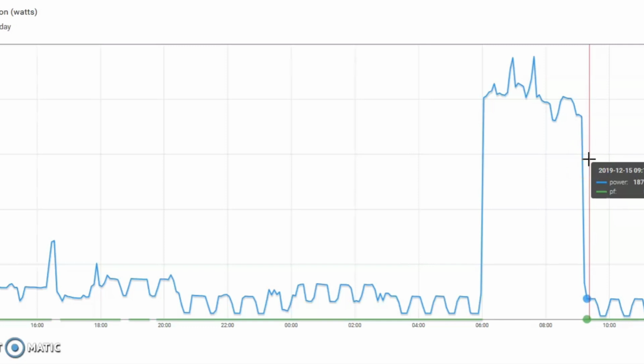So after some discussions, some deliberations, and better checking, we discovered that there was a solar water heater installed on site that works with either solar or electricity.